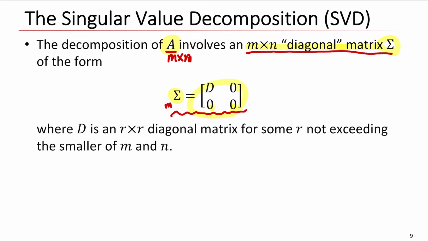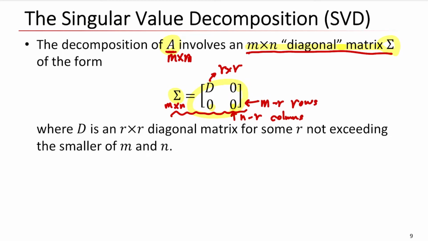The size of this matrix should be m by n, with m minus r rows, because this is matrix D. The size of the matrix D is r by r, and there are n minus r columns.